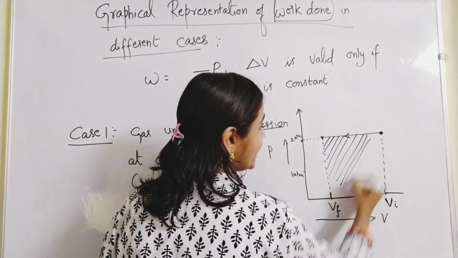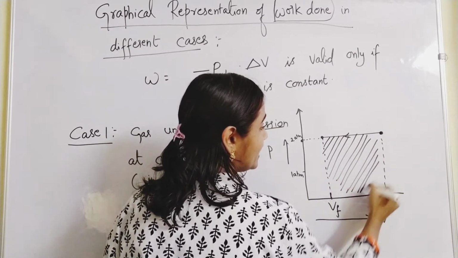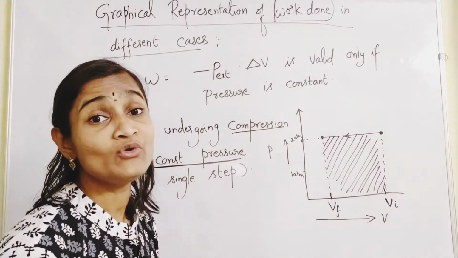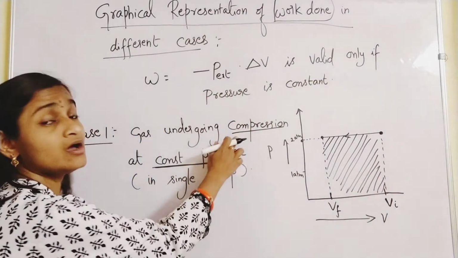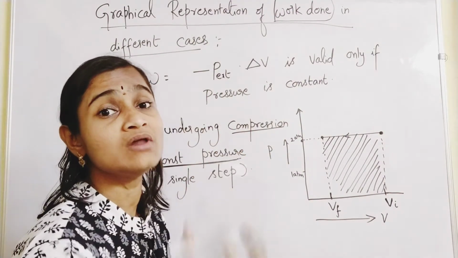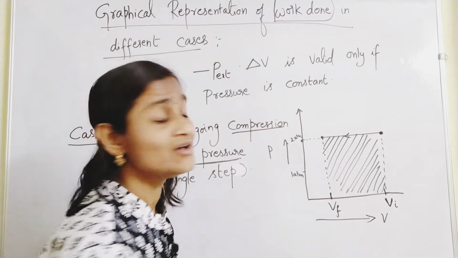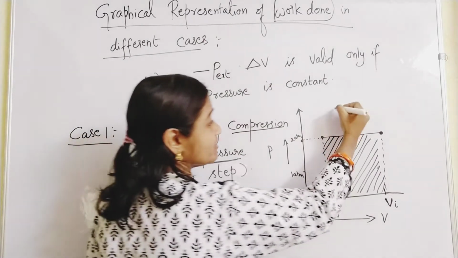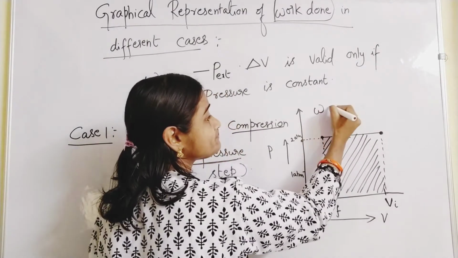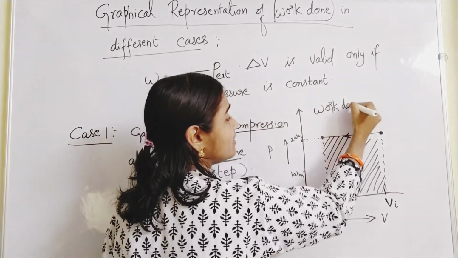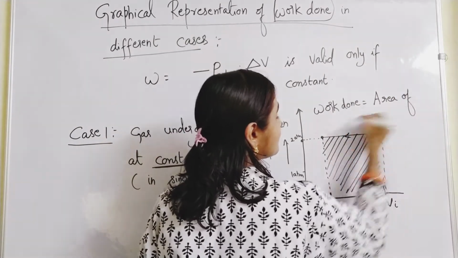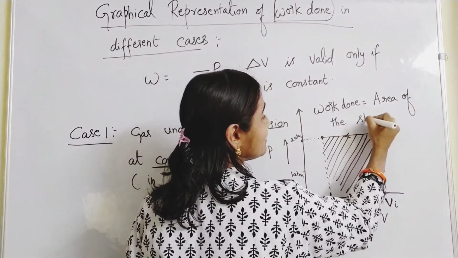The shaded area will give you the amount of work done for compression. To compress the gas, how much work is done on the gas? To calculate that, area of the shaded region. So work done can be calculated by what? Work done is equal to area of the shaded region.